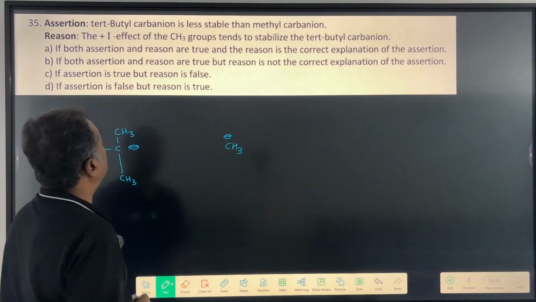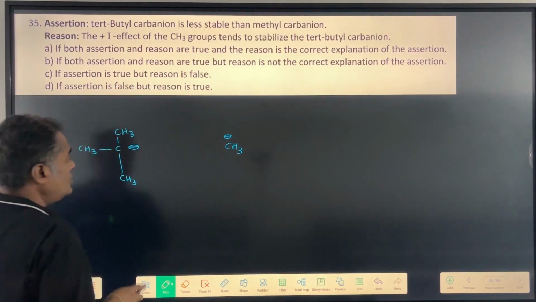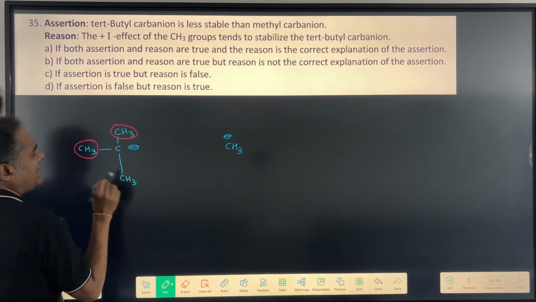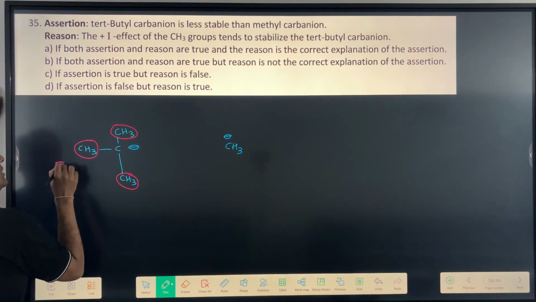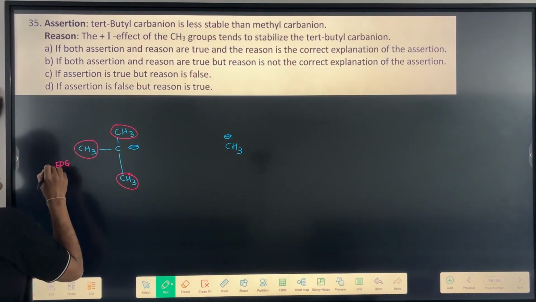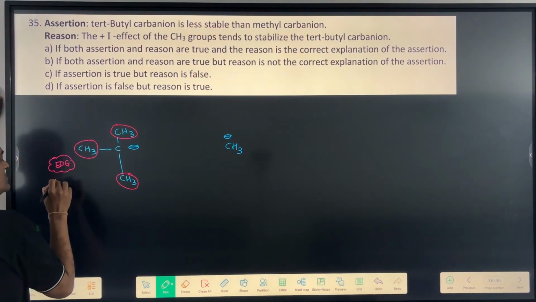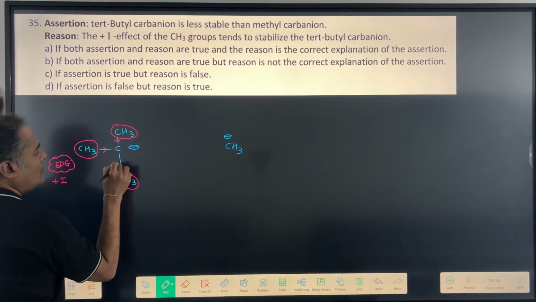Now, when you talk about stability, your methyl group has a donating character. Yes, these are electron donating groups, and electron donating groups act due to the plus I effect.